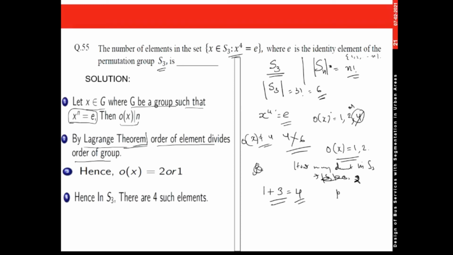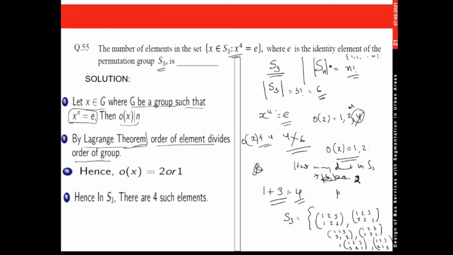Because if you take S3, the elements of S3 are the permutations of 1, 2, 3: 2, 3, 1, and 3, 1, 2, and then 1 is fixed with 3, 2 swapped, 2 is fixed with 3, 1 swapped, and 3 is fixed with 1, 2 swapped.